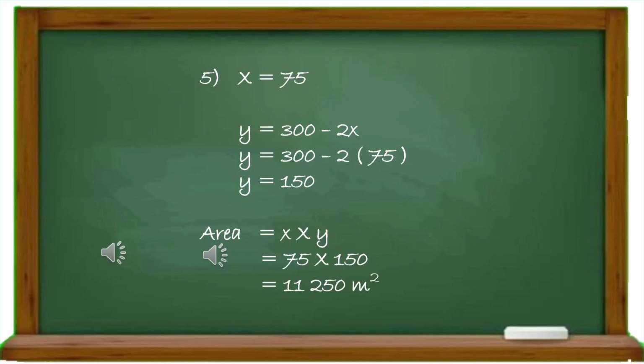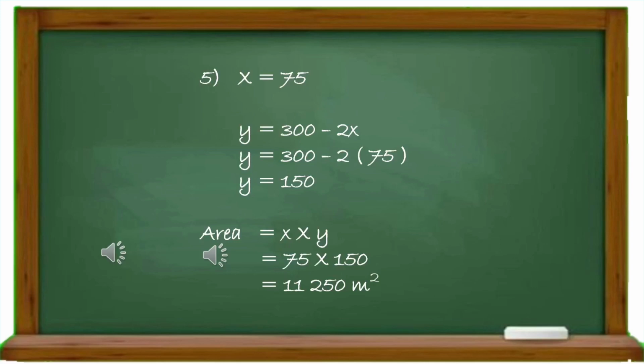So how to find y? We can substitute the x value into the equation of y, so y equals 300 minus 2 times 75. So calculate, and y will be 150.